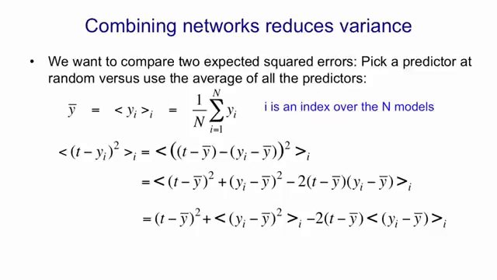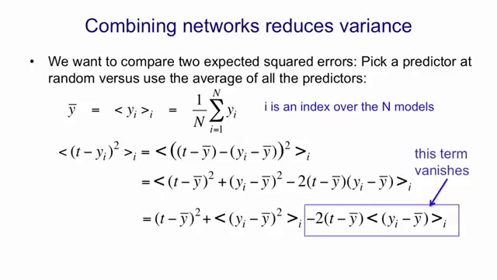So the extra term we have on the right-hand side is the expectation of yi minus y bar squared, and that's just the variance of the yi. It's the expected squared difference between yi and y bar. And then the last term disappears. It disappears because the difference of yi from y bar we expect to be uncorrelated with the difference between the error that the average of the networks makes and the target.